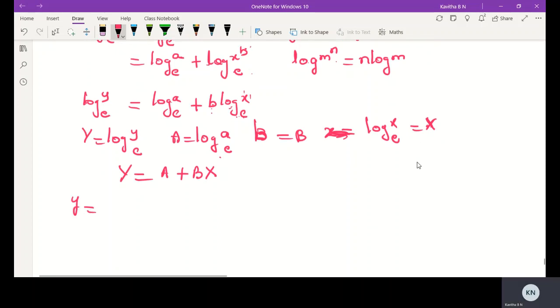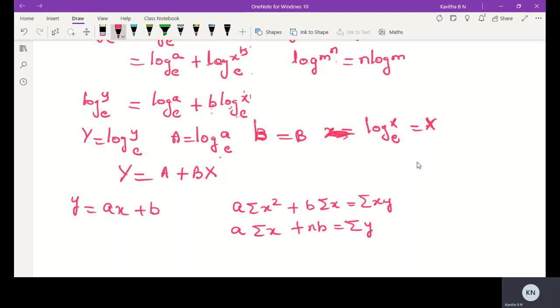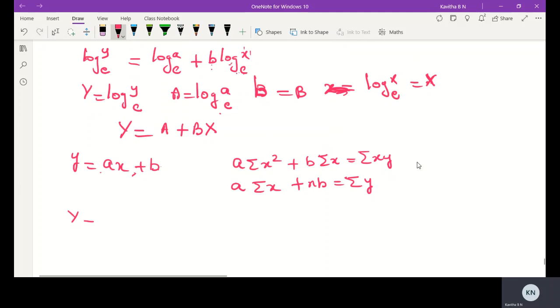Next, y is equal to a x plus b. Write the normal equations of y is equal to a x plus b: a summation of x square plus b into summation of x is equal to summation of x y, and a into summation of x plus n b is equal to summation of y. Then capital Y is equal to A plus B capital X. Compare these two equations.